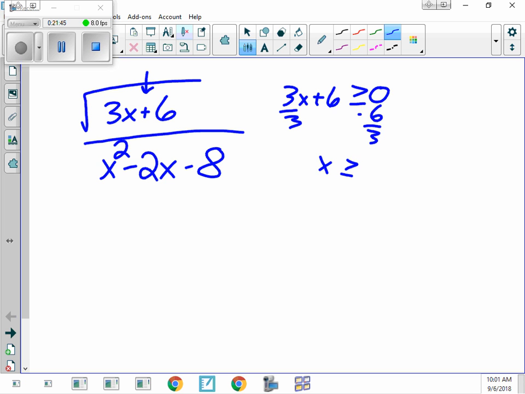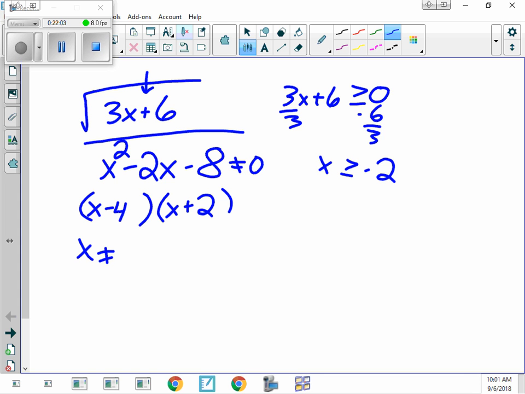X must be bigger than or equal to negative 2. Okay? But I also know that this is not allowed to be 0. So I factor it. And I get x minus 4 and x plus 2. So x is not allowed to be 4 or negative 2.